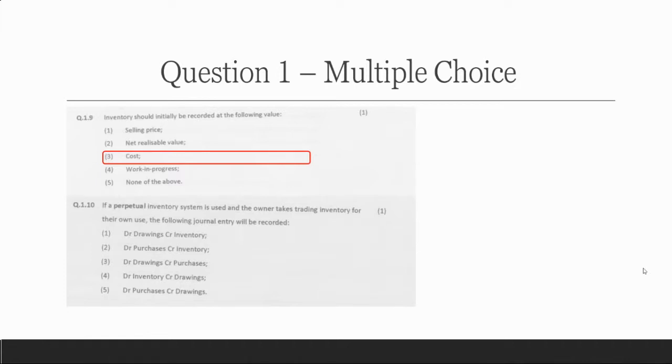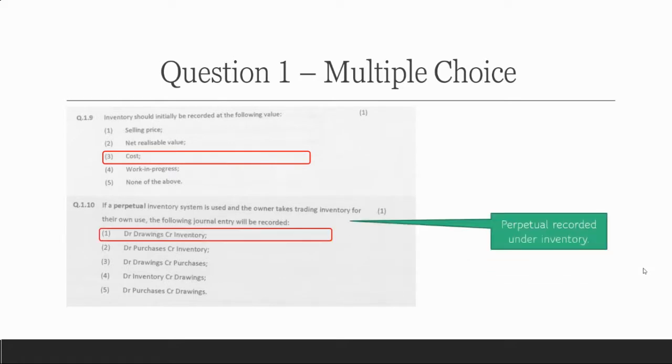So based on that, it would have been either number 1 or 3, but because we're busy with the perpetual, it is number 1. Okay, so that is the multiple choice questions and how you should have answered it. Now, in the last one, people got confused between perpetual and periodic, so they either picked 1 or 3, or they forgot that it is drawings, or they swapped it around and picked number 5.